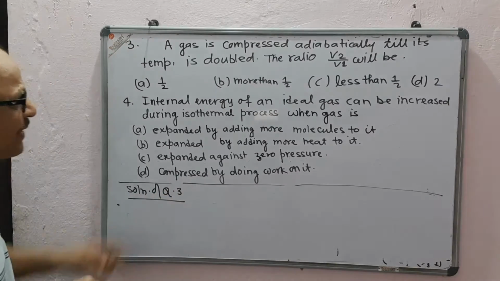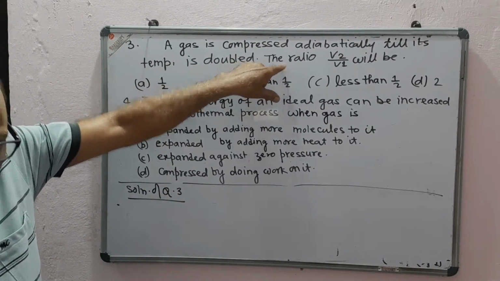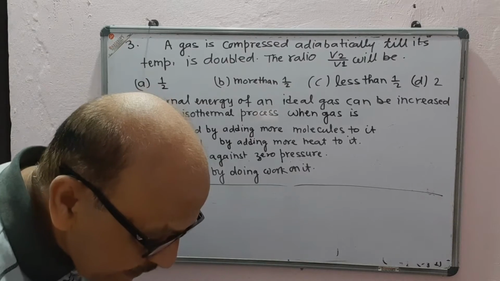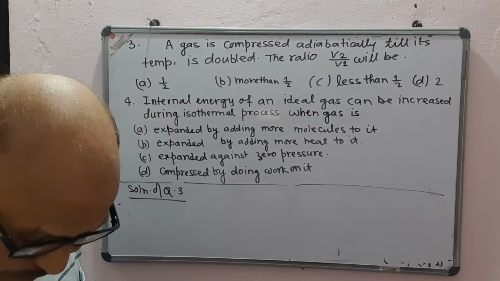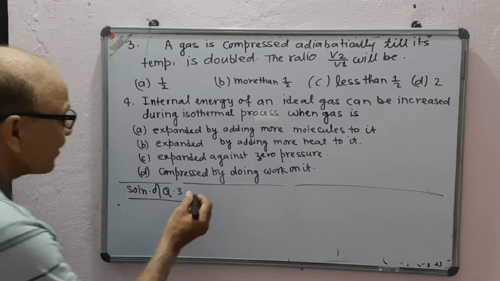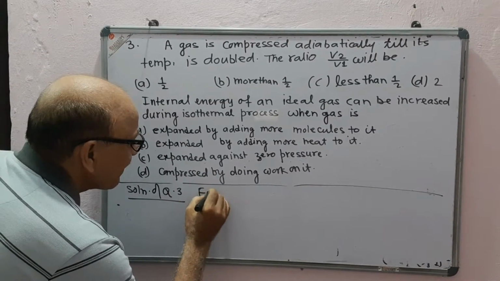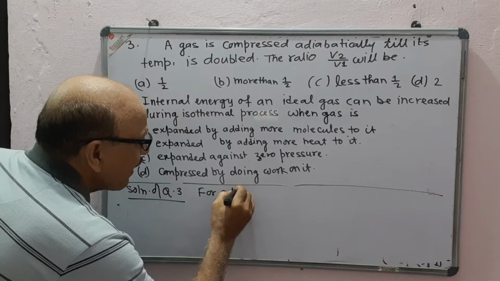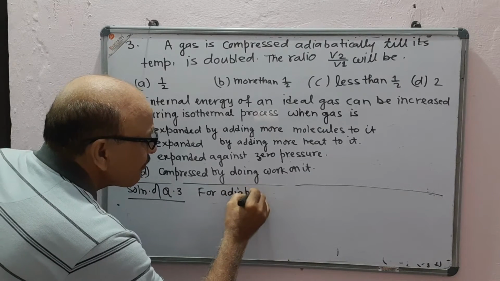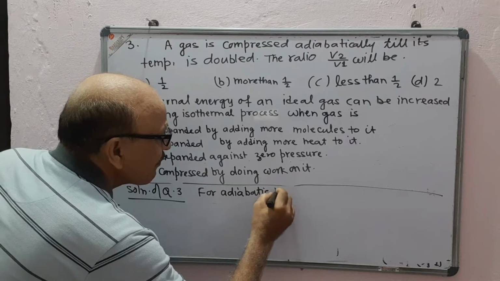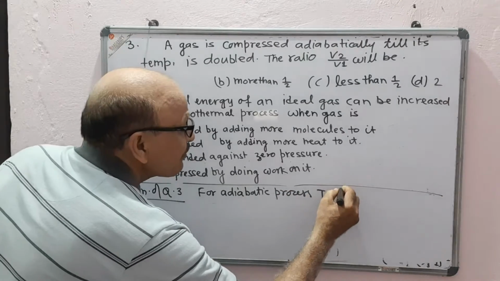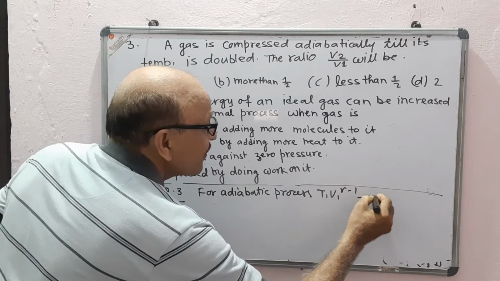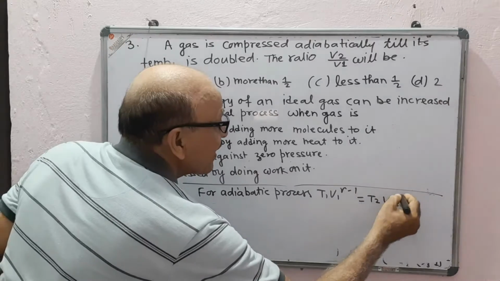Here the process is adiabatic, therefore for an adiabatic process, T1 V1 to the power gamma minus 1 is equal to T2 V2 to the power gamma minus 1.